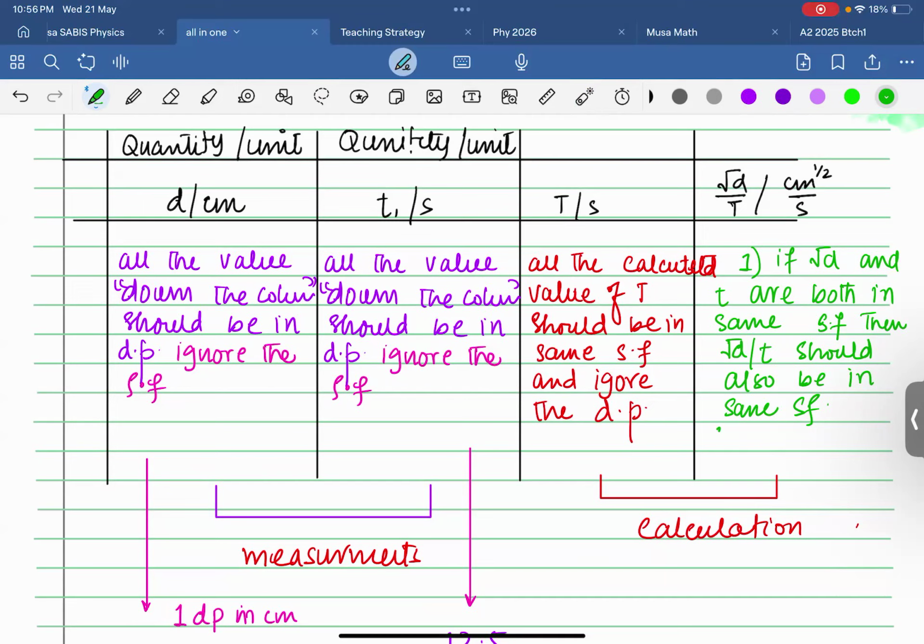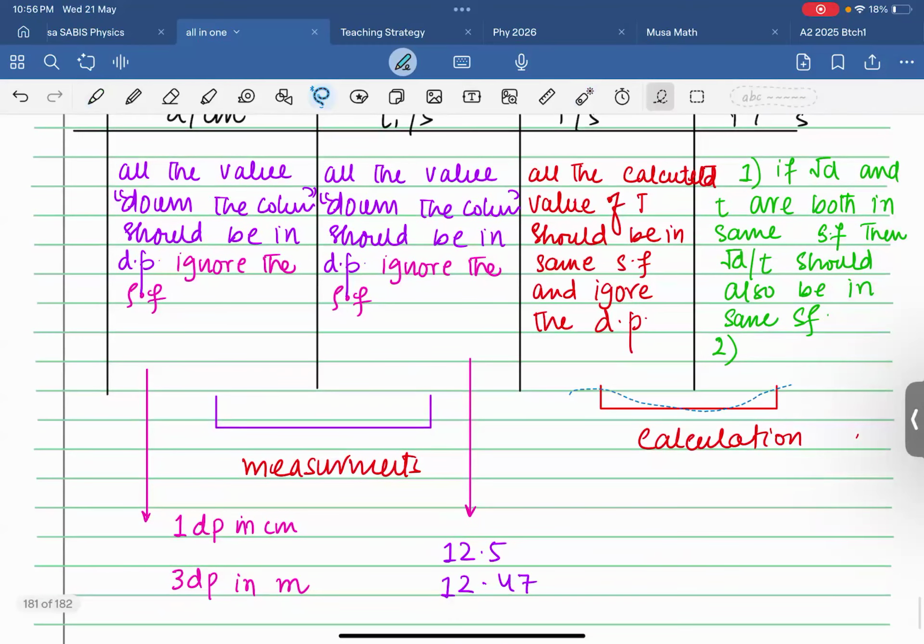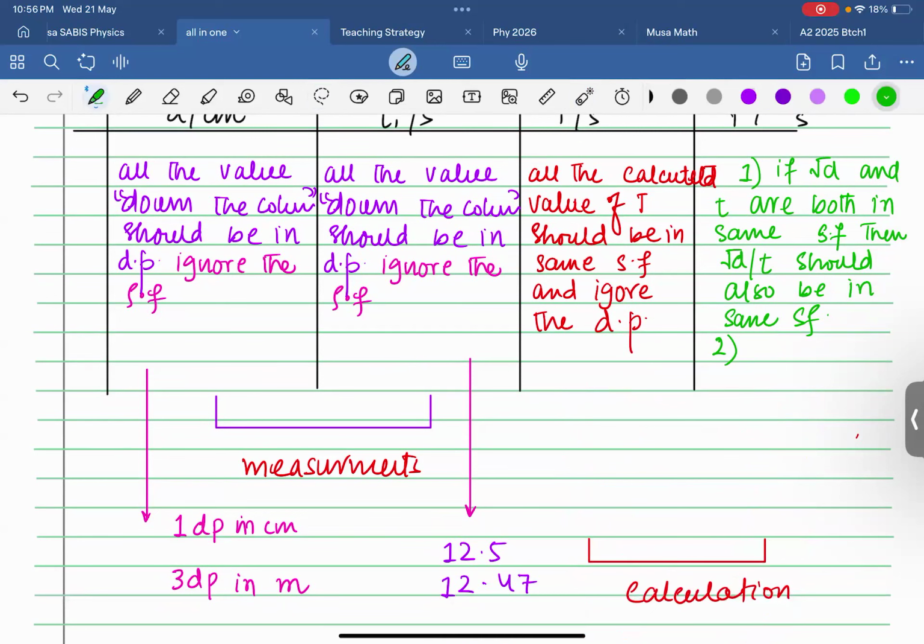So the second case is, if one quantity has greater SF than the other one, then we have this simple rule: consider the significant figures in d over t as the lowest significant figures of the individual quantities.